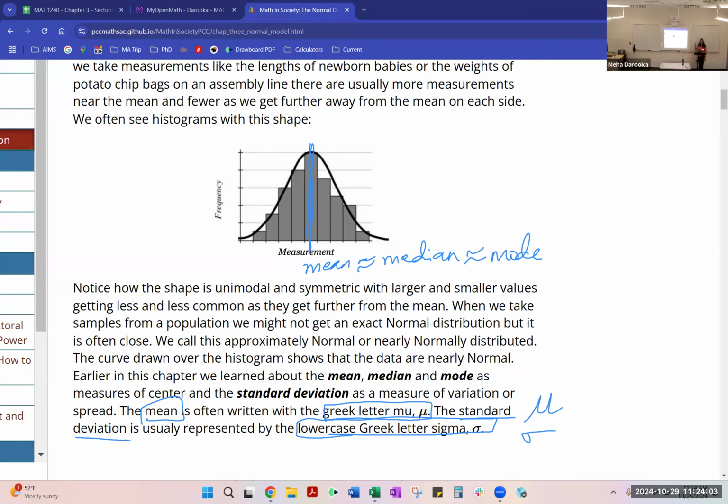So Greek letter mu for representing the mean and Greek letter sigma for representing the standard deviation. In certain textbooks, as we talked about in the last section, you may see small letter s or capital letter S for standard deviation, but when it comes to normal distribution, we stick with those Greek letters. So just a notational thing.